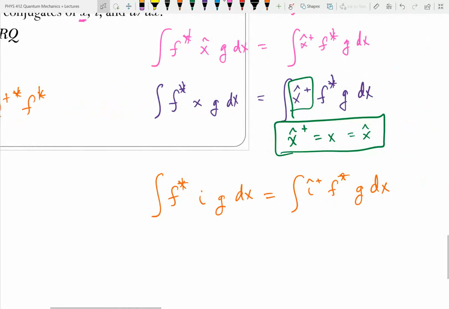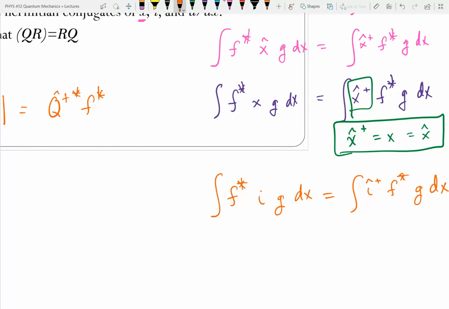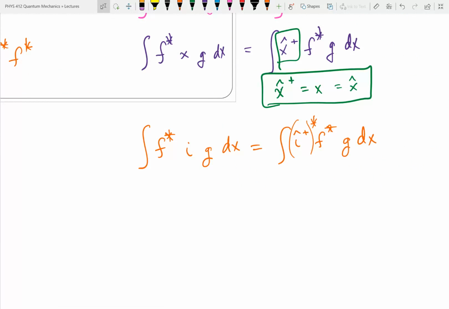And so my i dagger star actually has to have the complex conjugate there because of where I moved it. So that complex conjugate is going to change things. What does the complex conjugate change? It becomes negative. So what I'm going to have here is that i dagger is equal to minus i, whereas i itself was i. So that's not Hermitian.